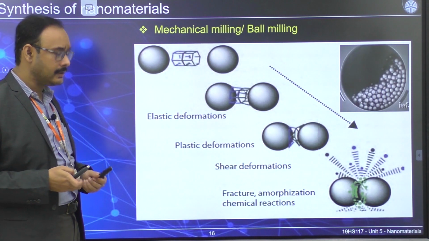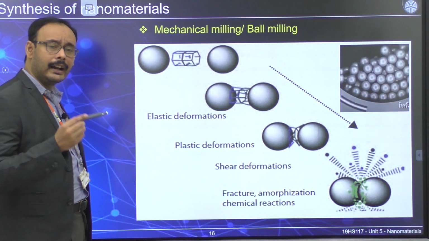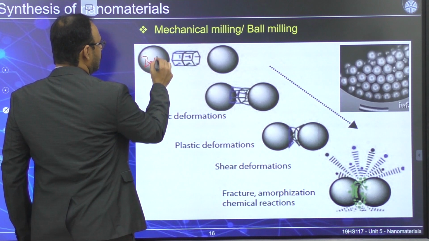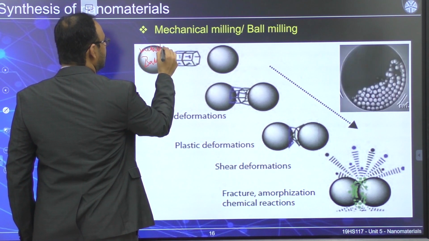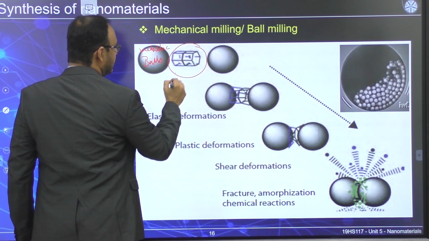So as far as the process is concerned, obviously you don't need to know every detail of it, but I'm going to give you some idea. So let's say this is the metallic ball, and this is your bulk material.